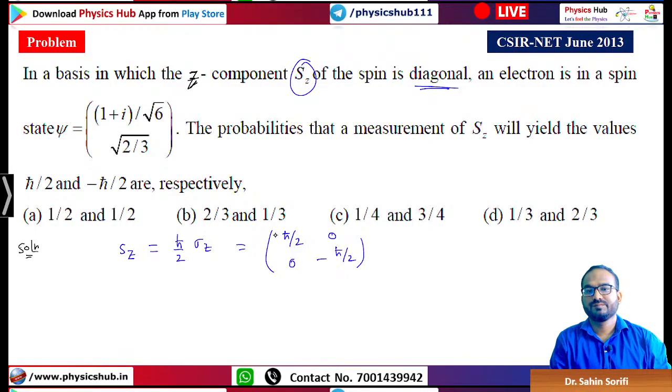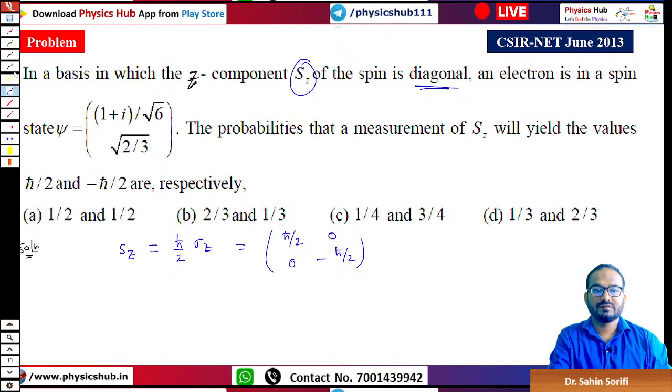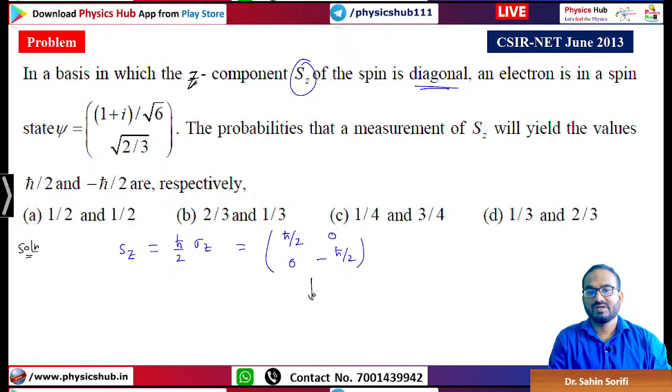Okay, so you can see it's a diagonal matrix. So this Sz will give you the eigenvalues. What will be the eigenvalues? The eigenvalues will be h cut by 2 and minus h cut by 2.